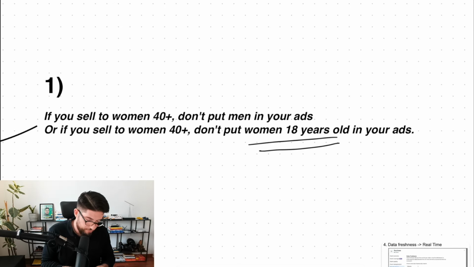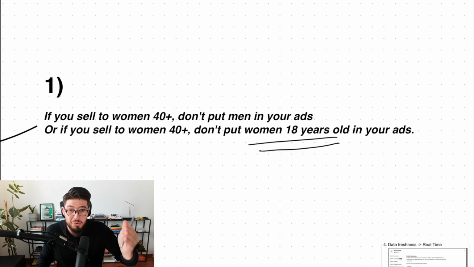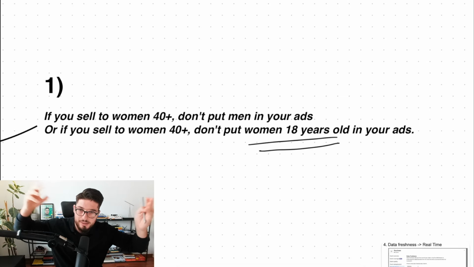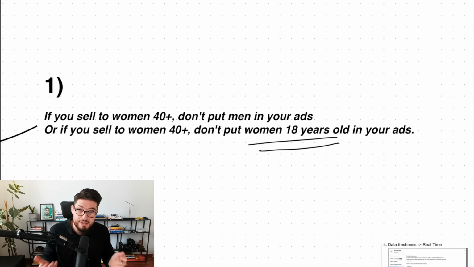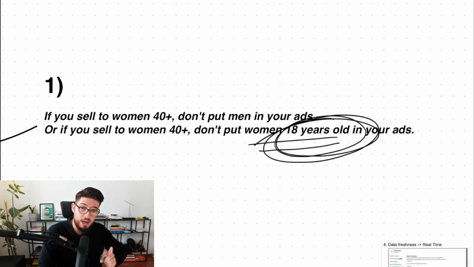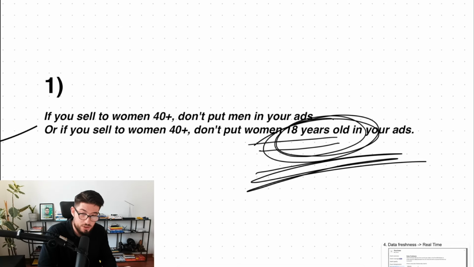If you would put a UGC model that looks super young, talking about wrinkles, talking about being a mom, talking about whatever, let's say 40 plus type of communication, but it doesn't match who's there, this is confusing to the machine. And because of this, you will be retrieved, and you will be competing and ranking in an auction with the wrong advertisers because you will be competing against advertisers who are targeting these 18 years old.